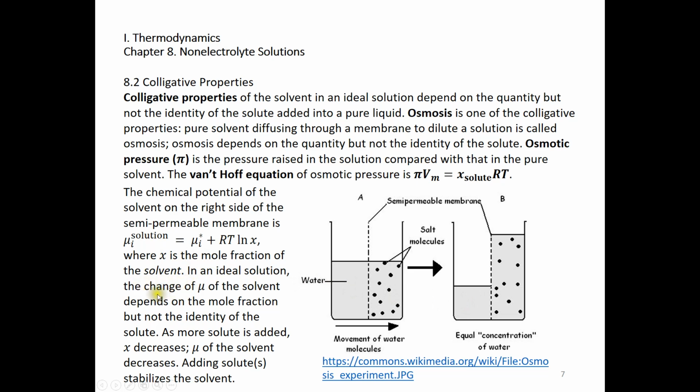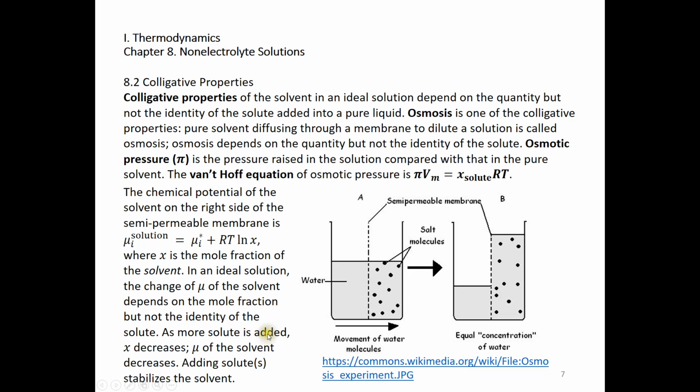In an ideal solution, the change of the chemical potential of the solvent depends on its mole fraction, and that means the chemical potential of the solvent does not depend on the identity of the solute. So you can put any other chemical in the solvent, and as long as you have the same mole fraction for the solvent, you're going to get the same amount of osmotic pressure, and of course some other colligative properties.